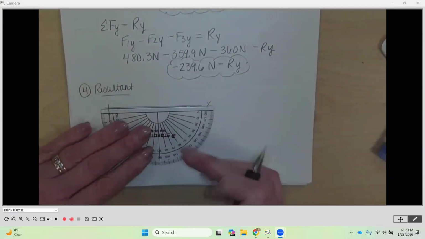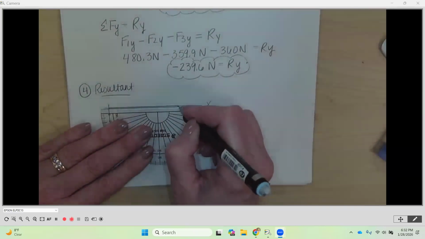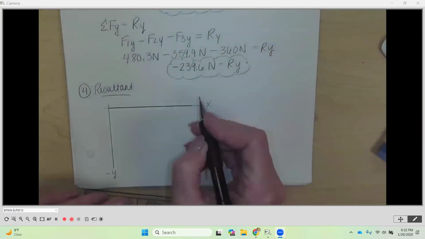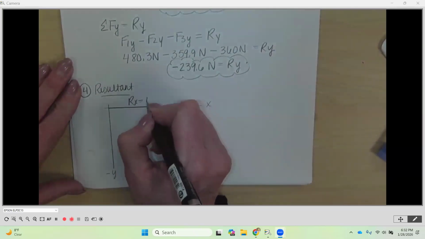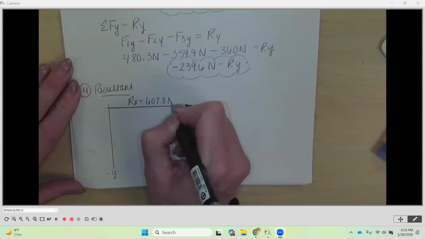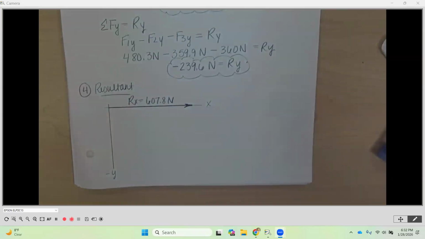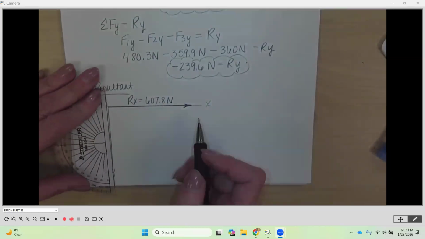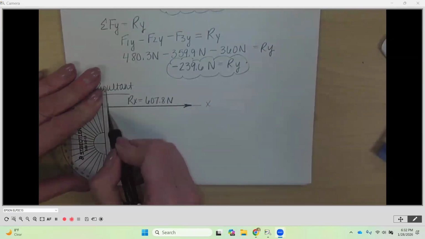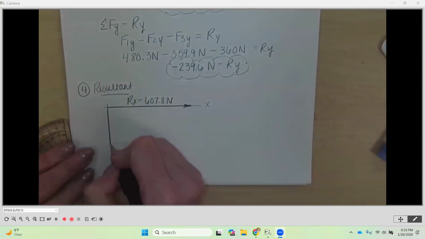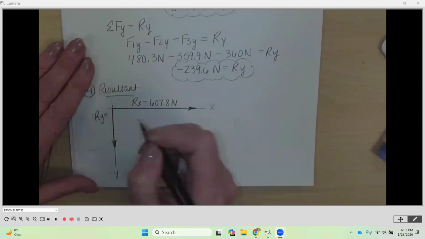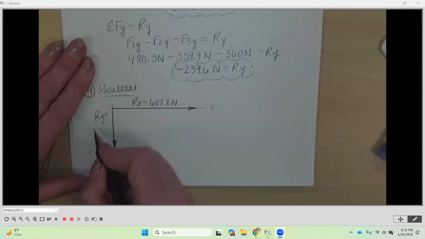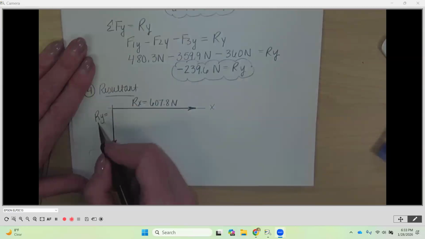I'm going to draw 607.8 newtons. Make sure you add your units and label. And then along the y-axis, something like this is going to be our ry is equal to, do not put a negative in front of the 239.6 when you draw it here.